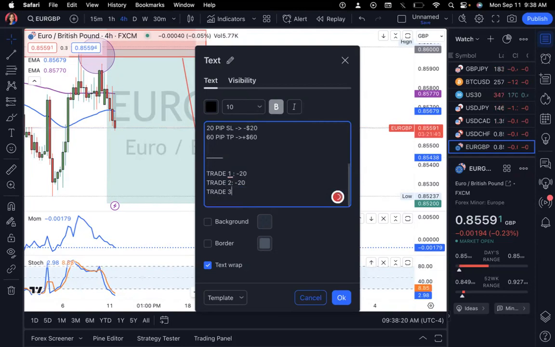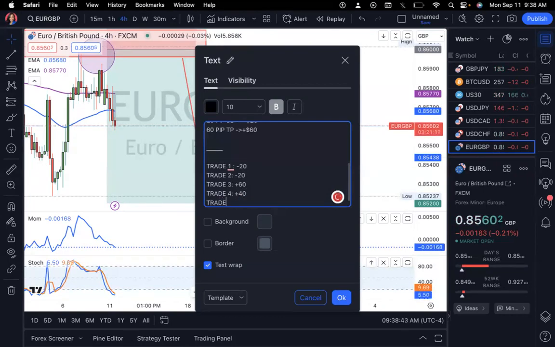Now on trade 3, let's just say we had a 1-to-3 risk to reward ratio and we gained $60. Let's just say trade number 4 went well for a 1-to-2 risk to reward ratio and we made $40.